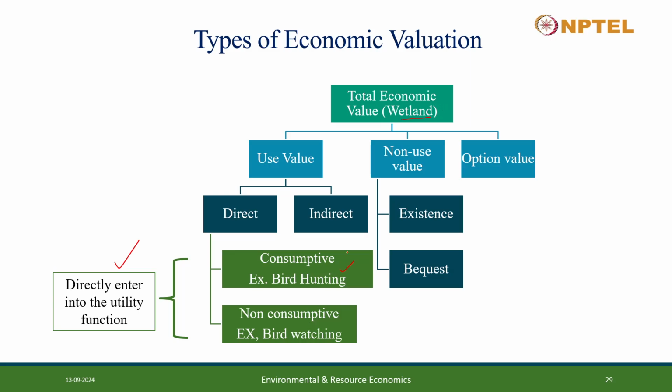So you hunt the birds and then eat them, or you enjoy the aesthetics of the wetland, enjoy bird watching, etc., right? It can be consumptive or non-consumptive. These things directly enter into your utility function.